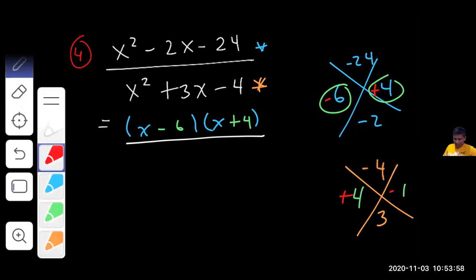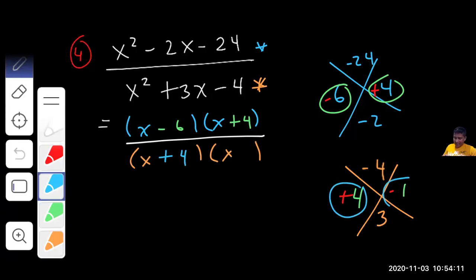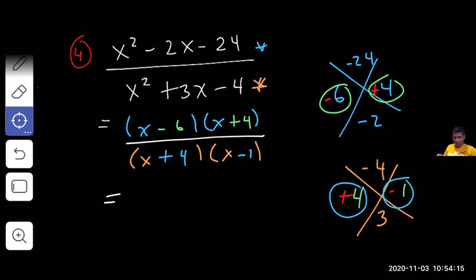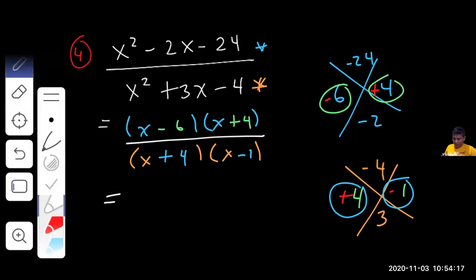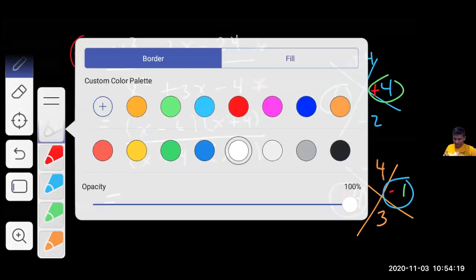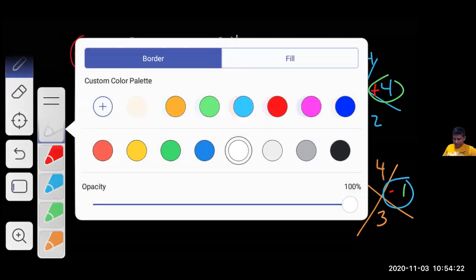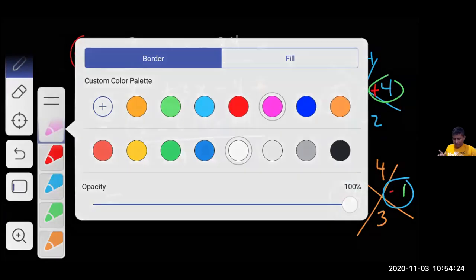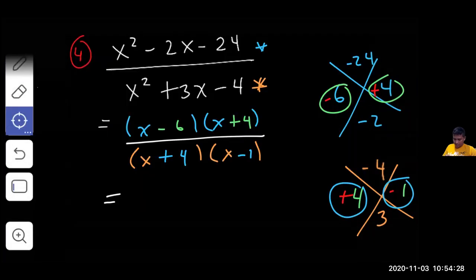Okay, what am I going to get here, guys? X and X, and I just need to include plus 4, and the other one minus 1. Given this expression, is there something that you can simplify or cancel?